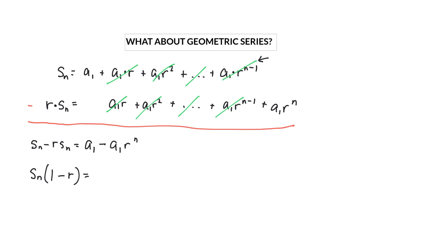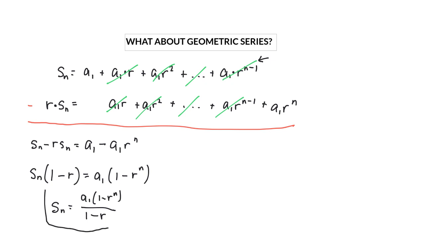And on the right-hand side, you pull out the common factor of a sub 1, leaving 1 minus r to the n. Dividing both sides of this equation by 1 minus r, and you have that formula that you were after: S sub n equals a sub 1 times 1 minus r to the n over 1 minus r. And there we have a formula for summing the first n terms of a geometric series.